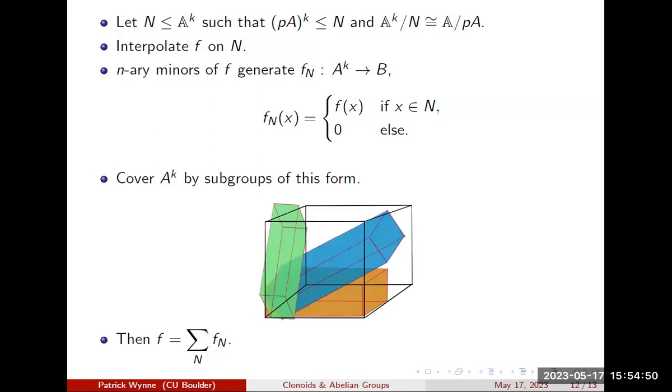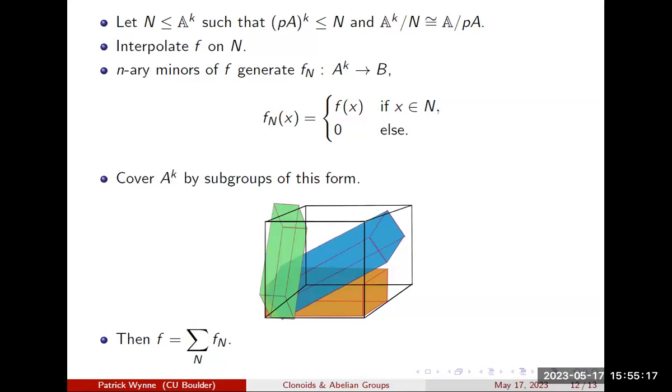Each function looks like f on its support and like 0 everywhere else, and they're all going to overlap here in this band region, but in this region the functions are already 0. What that means is that we recover f from these f_n's, and the important thing is that each of these f_n's was already generated not by f itself, but by the n-ary functions that f generates.